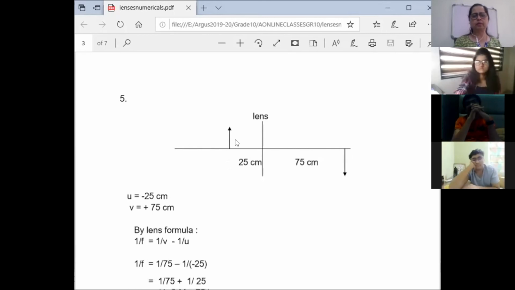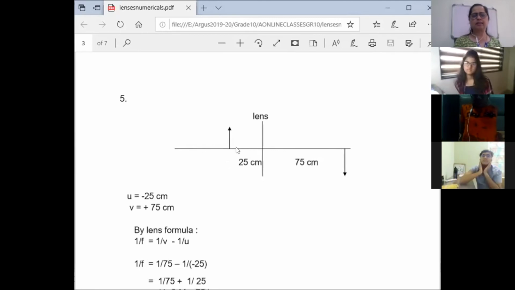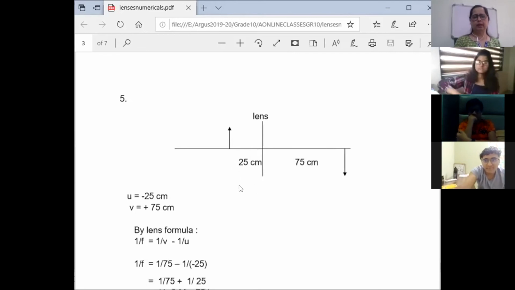And the distance between the object and the screen is 100 centimeter. Obviously, you have to calculate the distance between the object and the lens. So that will be 100 minus 75, so that will be 25 centimeter. So this is how they have tried to confuse you. The sum is very simple, but if you take 1 meter as object distance, then everything will go wrong.